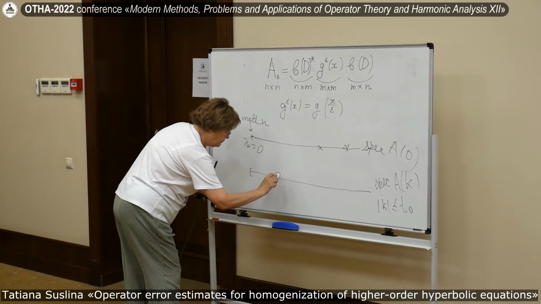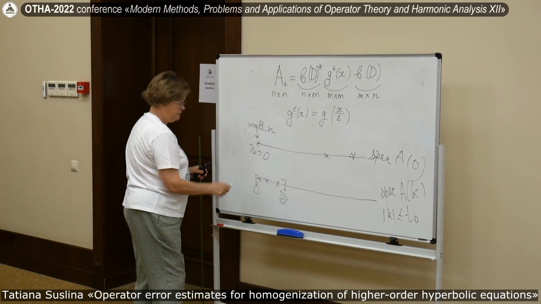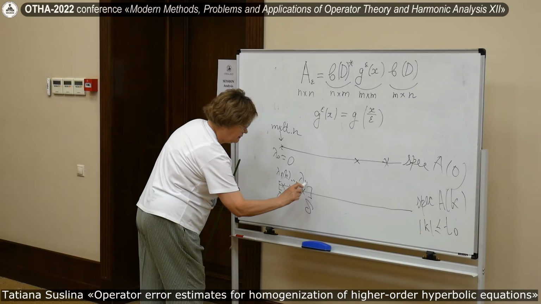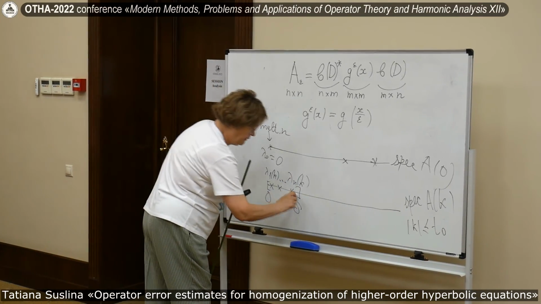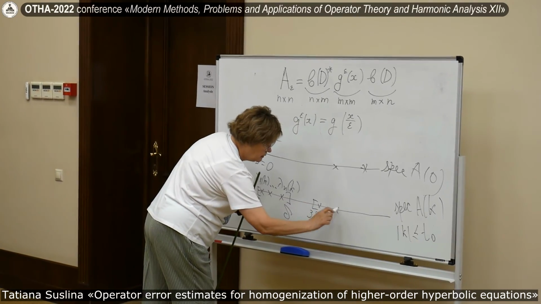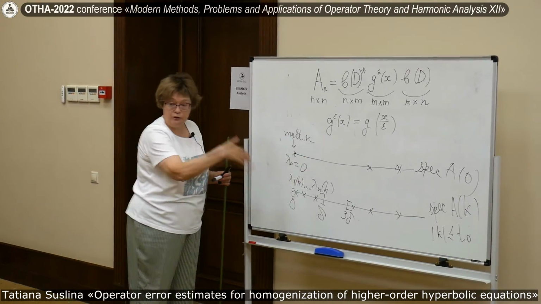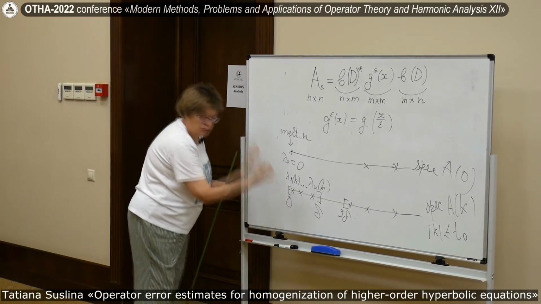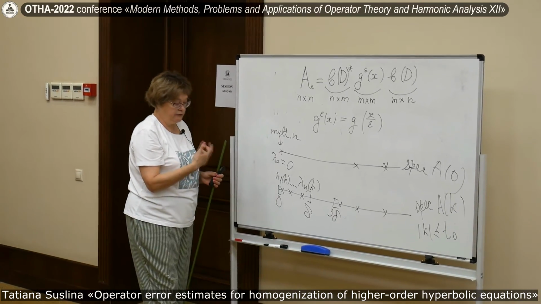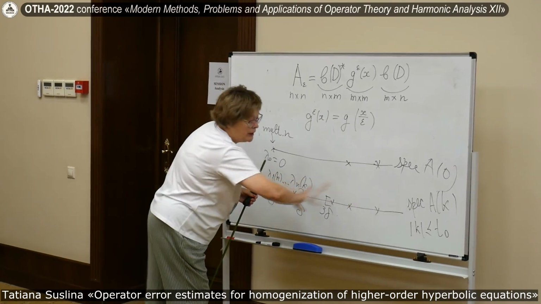On the interval from 0 to delta, we have exactly n eigenvalues, lambda 1, depending on k, up to lambda n. And we have nothing on the interval from delta to 3 delta. This interval is free of the spectrum. This is a part of the spectrum of the perturbed operator. We control this delta and denote it explicitly. And it turns out that for our problem, only this part of the spectrum is important. And the rest goes to error.